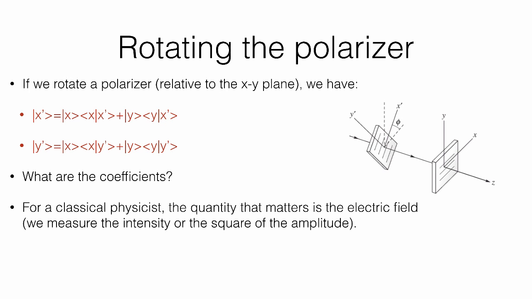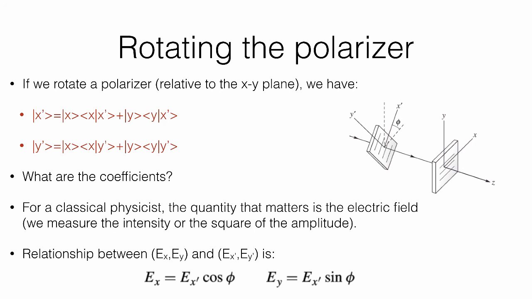The coefficients are going to be obtained by making sure that this result complies with our classical interpretation, which is that when we rotate a wave like this, the X component will be obtained from the EX prime component times cos phi, and the Y component will be obtained by the EX prime component times sine phi. Okay, this is the usual rotation, nothing really new here.